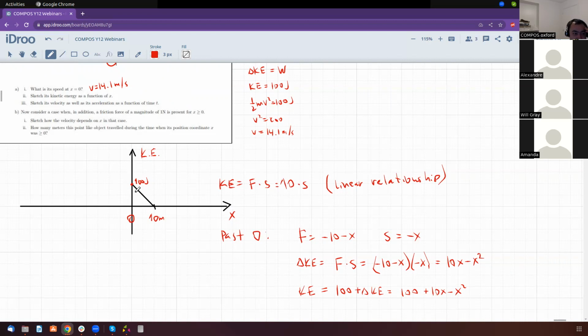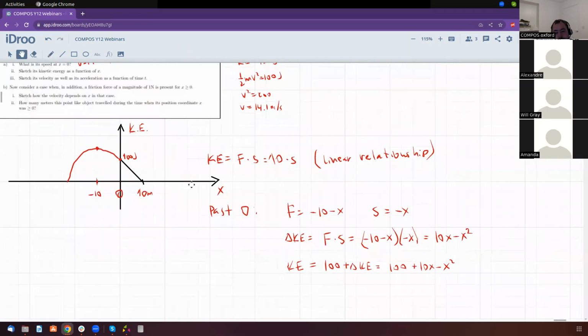It's going to be a parabola with a maximum at -10, and it's going to be like this. Interestingly, it would be good to find where it crosses the axis, and it's square root of 75. Square root of 75, is it? No, I don't think so.